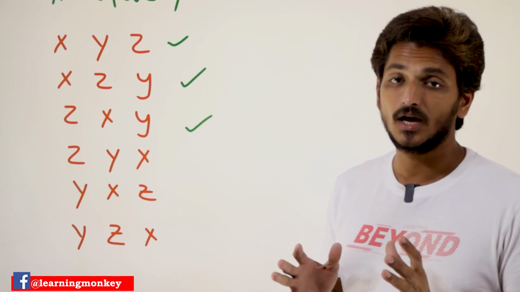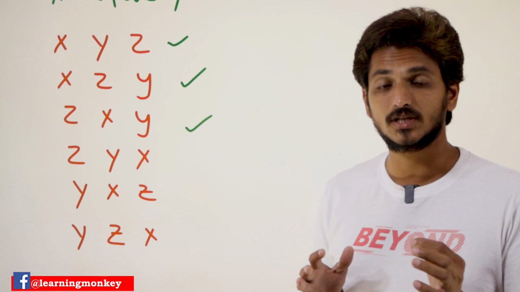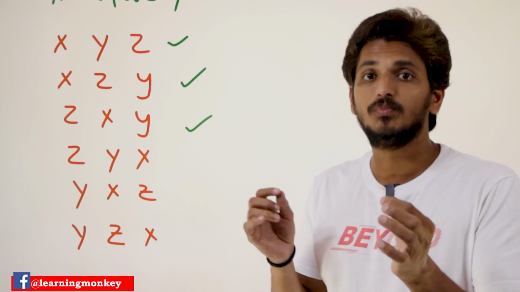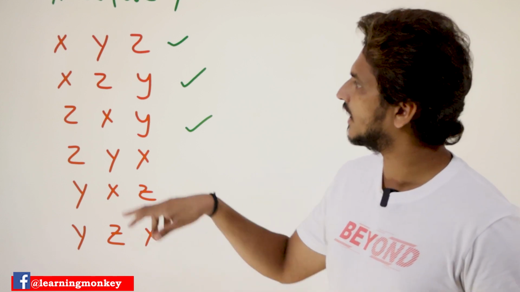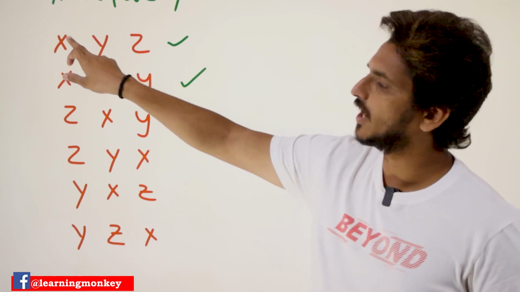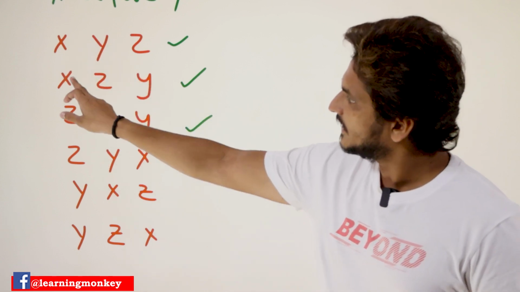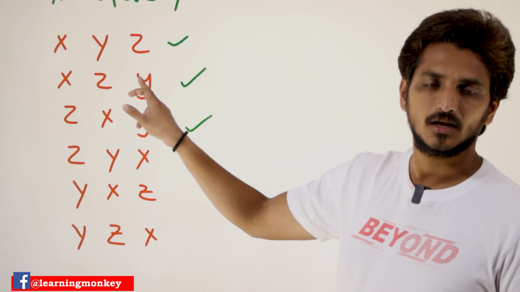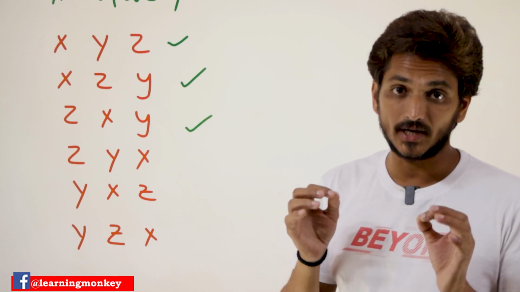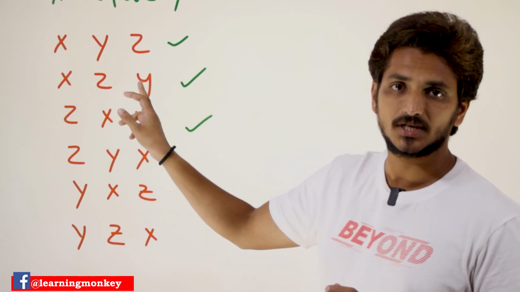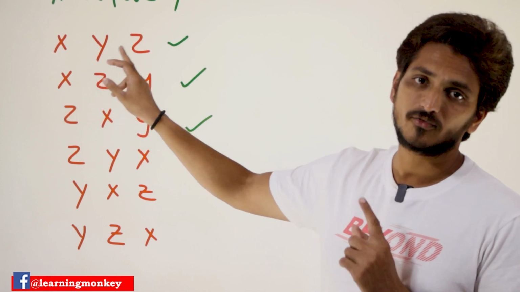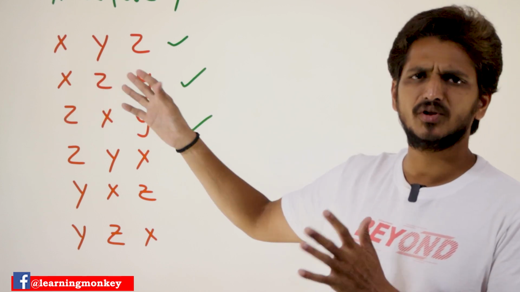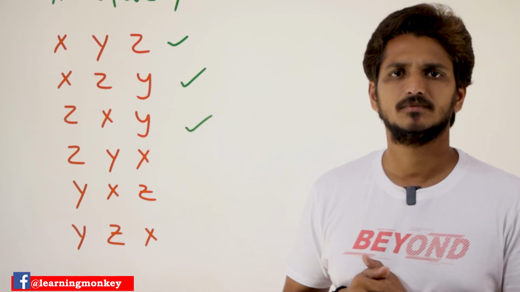But we need the permutations that contain x before y. What does that mean? You need to understand this. X before y means x comes first, after that y. In between you can have elements.